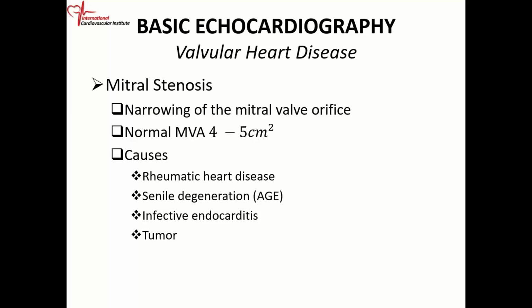Senile degeneration means that the older one gets, the valve becomes calcified and restricted, and you get some amount of mitral stenosis. We see a few cases, not a lot. By far, rheumatic mitral stenosis is the most common. You can also get infective endocarditis with scarring of the valve, and as a result the valve becomes stenotic. And tumors can restrict the opening of the valve.